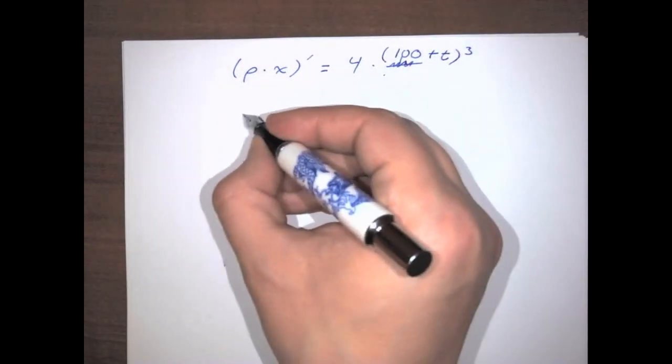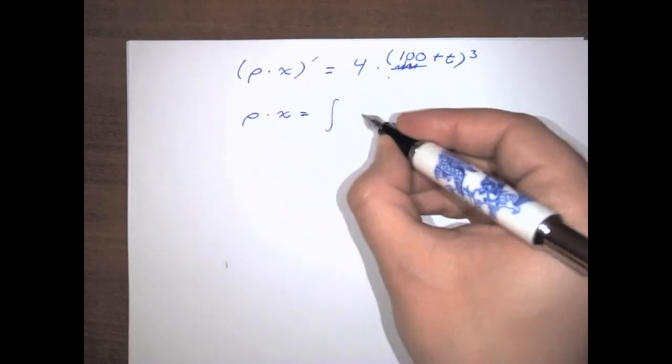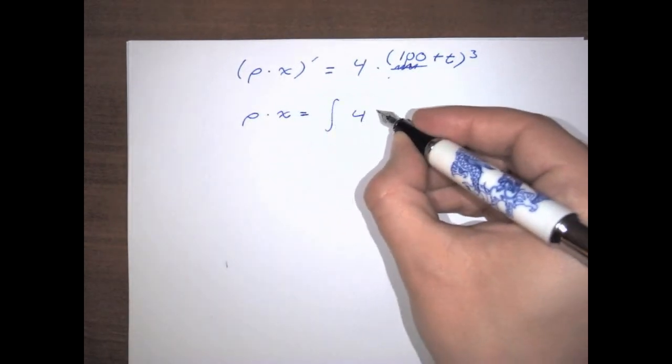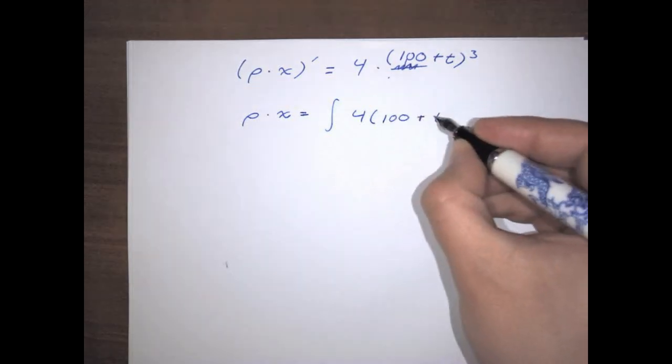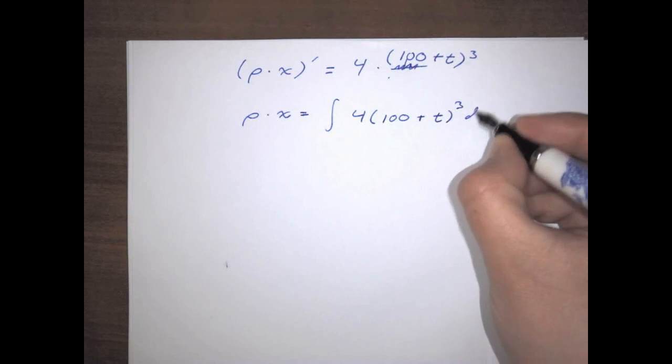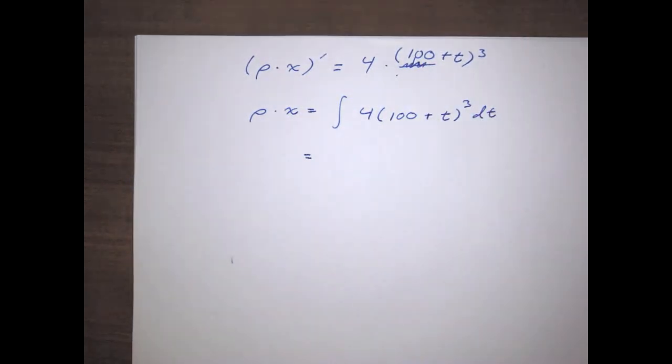So then rho times x is going to be the antiderivative of 4 times 100 plus t cubed dt. T is now the variable with respect to which everything is happening.